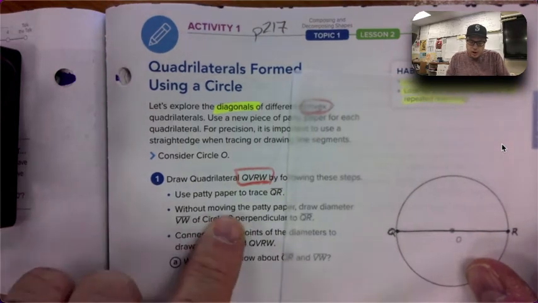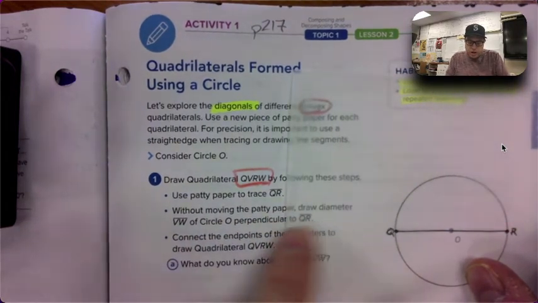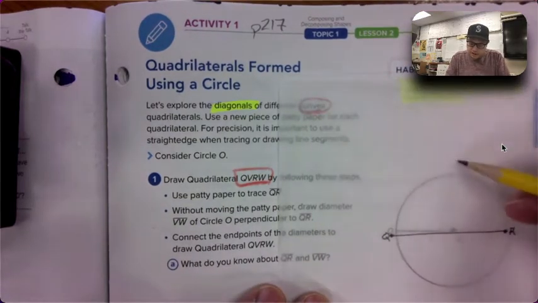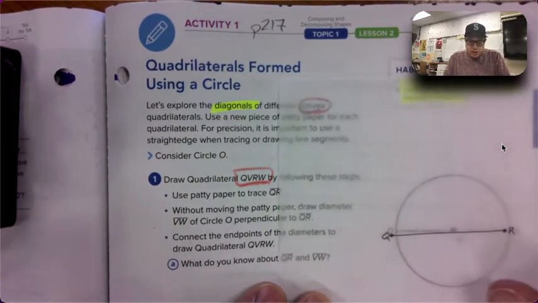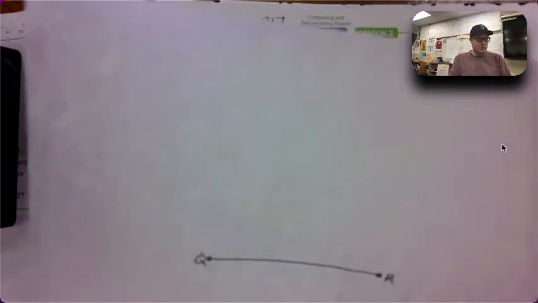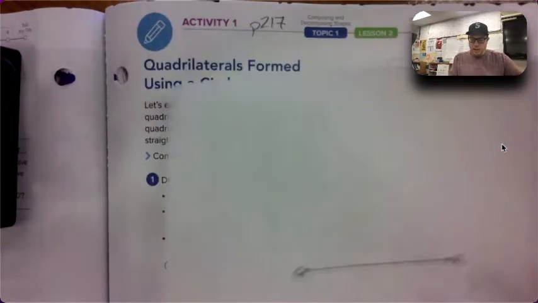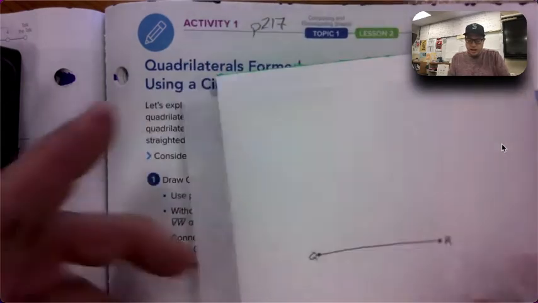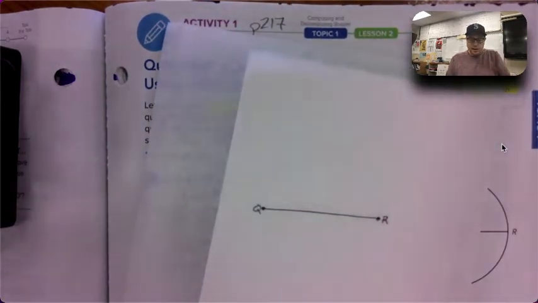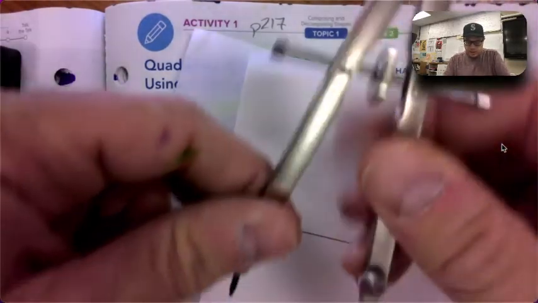Now it says, without moving the patty paper, draw the diameter VW of circle O perpendicular to QR. One thing that I have a real issue with here is, how do I draw a perpendicular line? To do it right, I'm going to need to draw a perpendicular bisector. So my compass comes in.